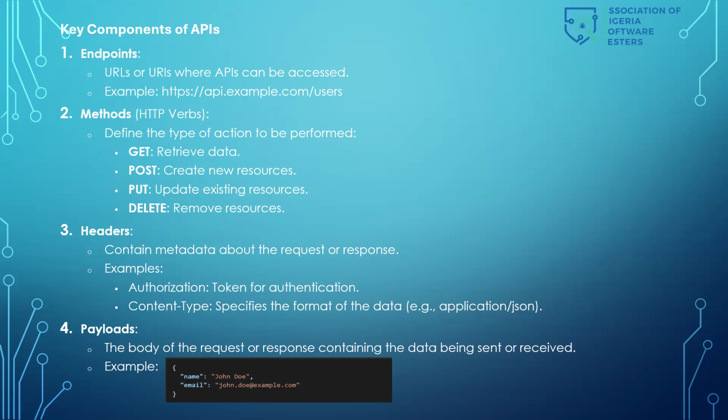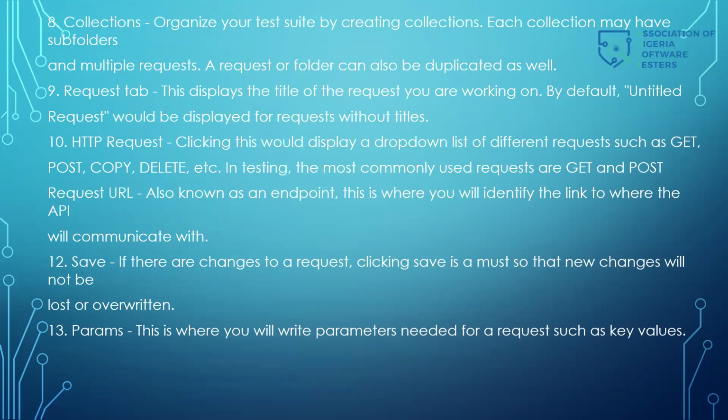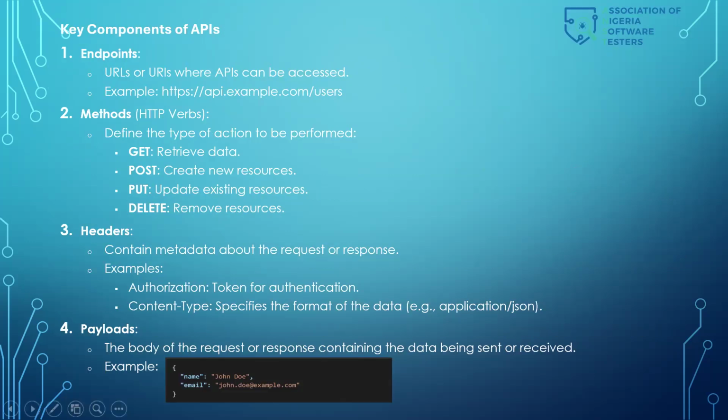You can't just log in. You might need your password. You might need 2FA, an extra two-factor authentication, to log in. So from your header, you'll be able to see that. You can also see the content type, which specifies the format of the data. So what language do you want me to speak to you? You also get that from the header.